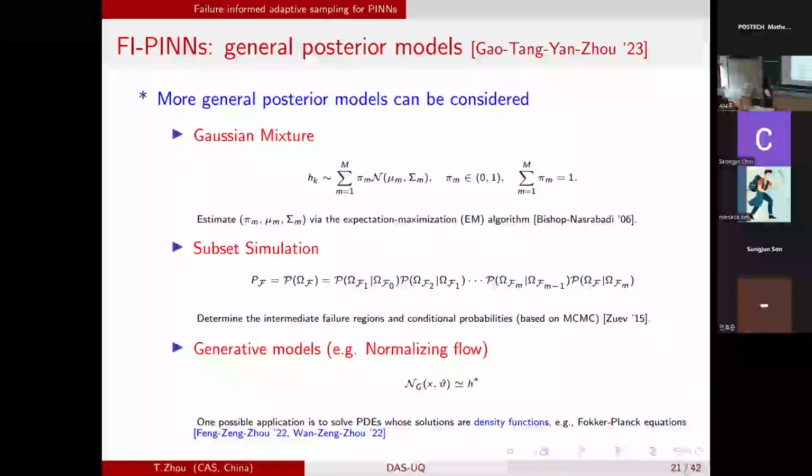So actually, you can use more complex models to model the residue. One choice is the so-called Gaussian mixture. You can use several Gaussian distributions to model the current density, model the current residue. But in this way, you have to compute the coefficients and compute the mean and variance for each component. So the computational complexity will be increased, but still can be negligible compared to the training of a neural network.